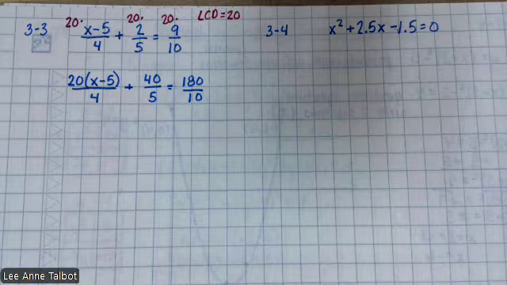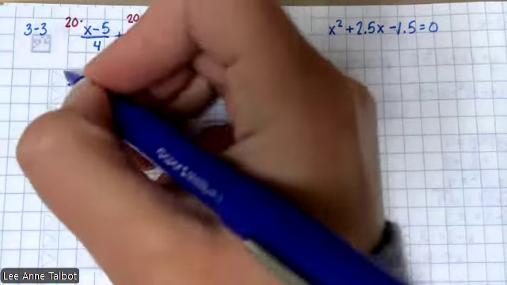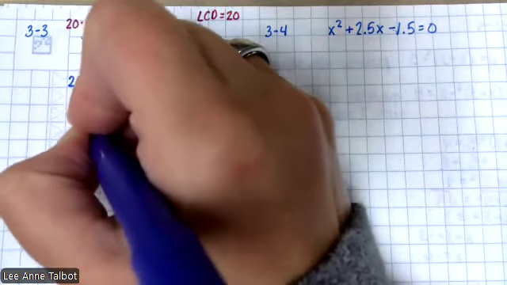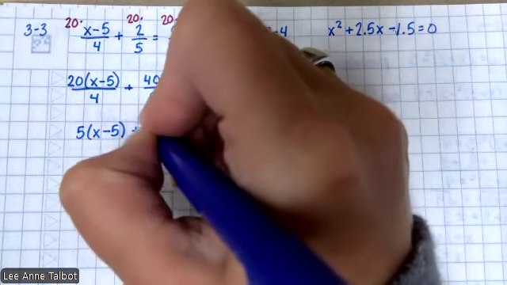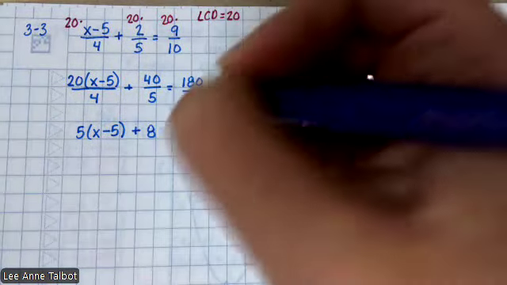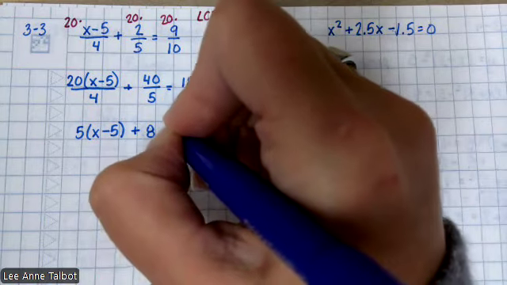Okay, now here's the magic moment. If I picked the right number, when I divide, all of them should come out to be whole numbers now. So 20 divided by 4 is 5. 40 divided by 5 is 8. 180 divided by 10 is 18.